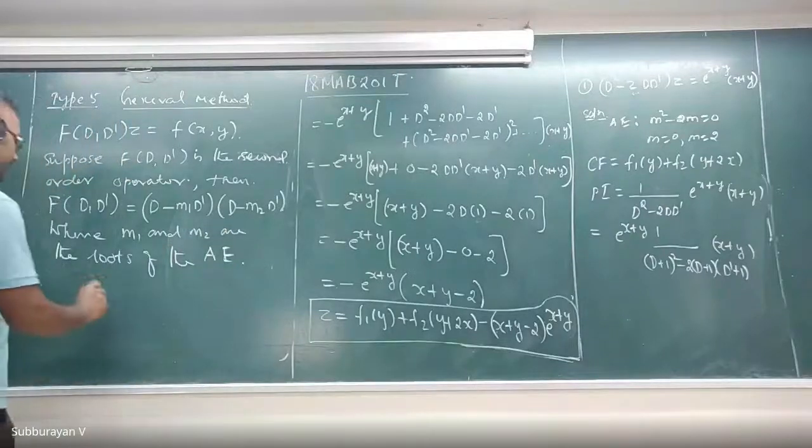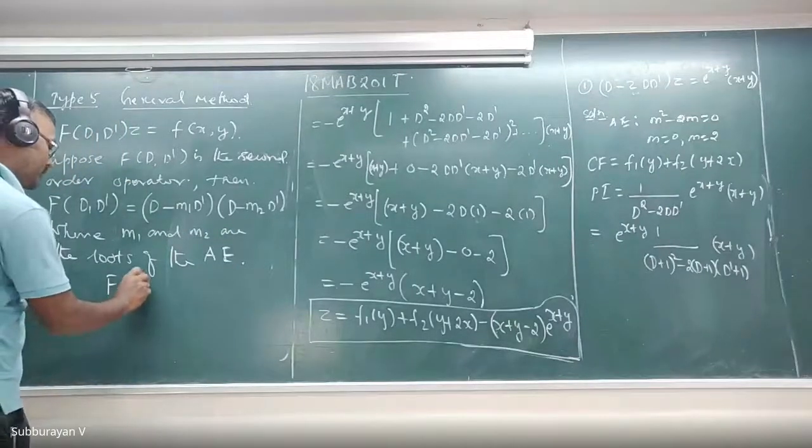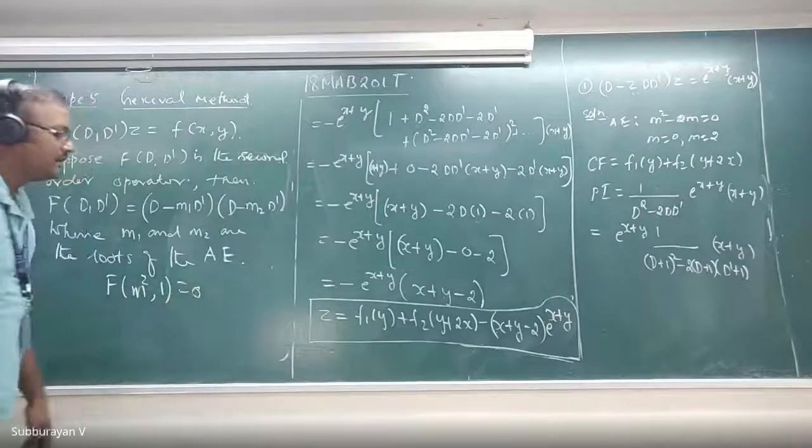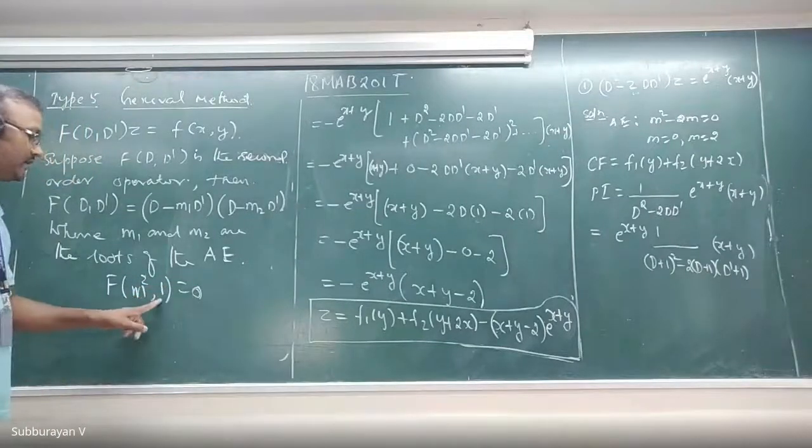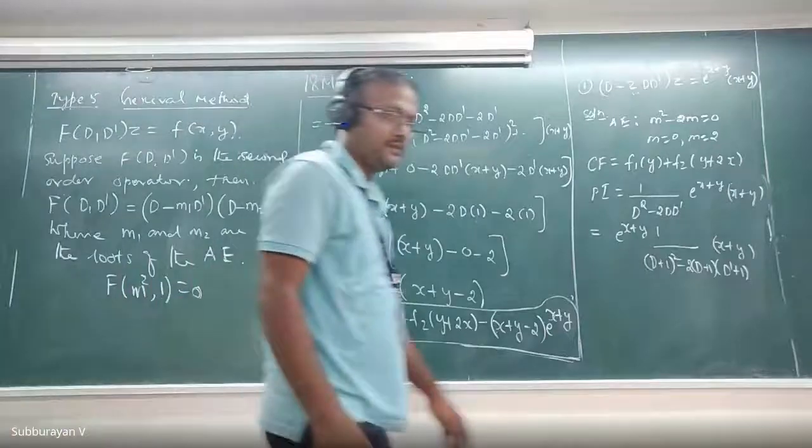What is this auxiliary equation? f of m square comma 1 equal to 0.